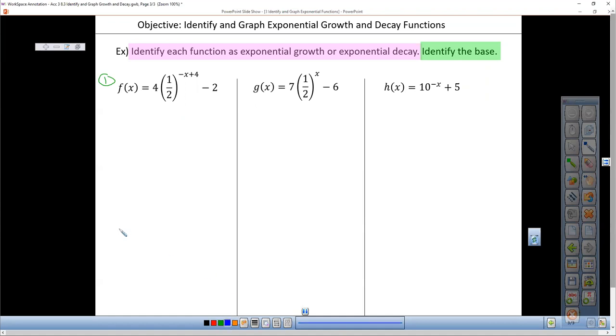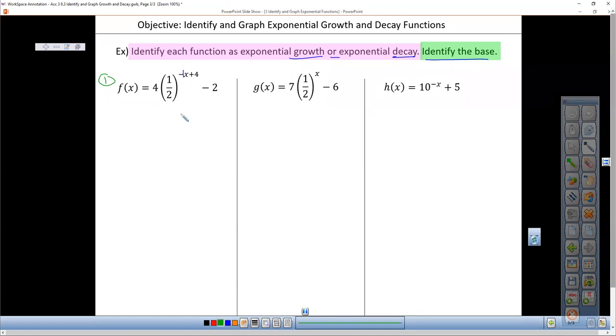All right. So we're going to start by figuring out what the base is, because that's really going to tell us whether we have growth or decay. So like I said, you can't just take the number inside the parentheses and use that as your base. You've got to consider the coefficient of x, which here is a -1.